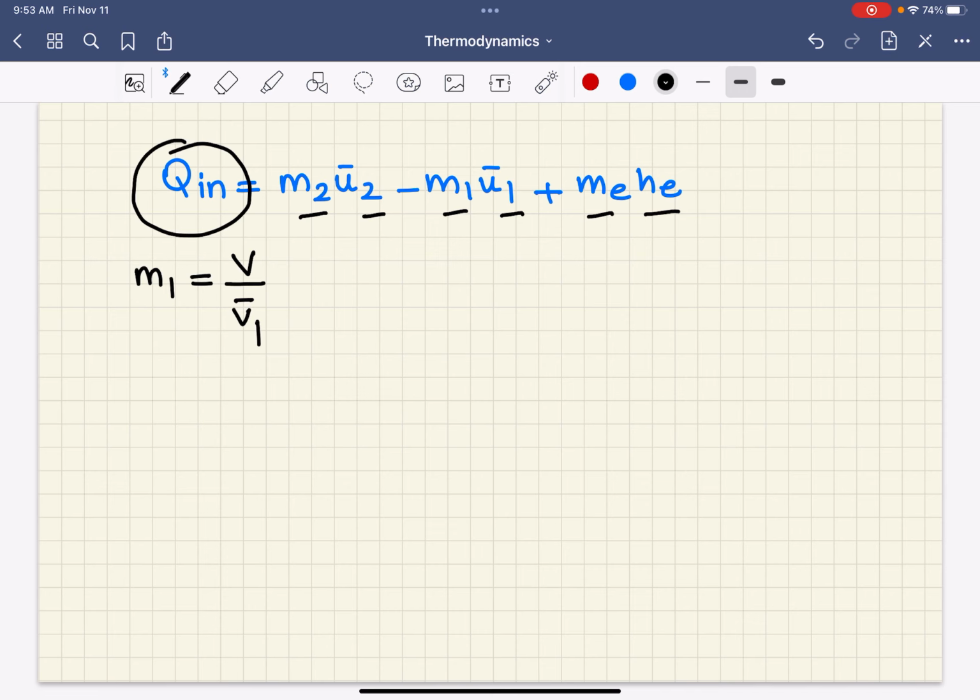In fact, we are told that this is a saturated liquid, and also that this is at 200 degrees Celsius. So at the first state of that system, the specific volume should be equal to the specific volume of the saturated liquid at that temperature. So let's read it from saturation tables.